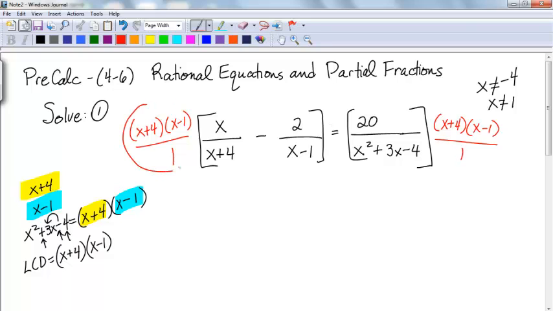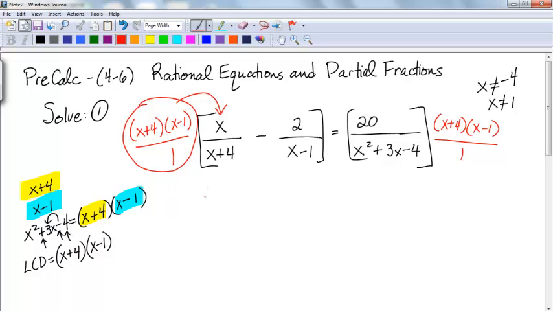You need to take this times this first fraction. What I do is I do it by sight. Don't do the slash marks. When you multiply that first one out, the x plus 4 divides out. But don't slash it out because you still need that whole thing times the second fraction.